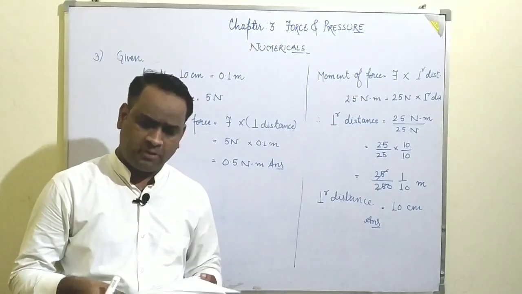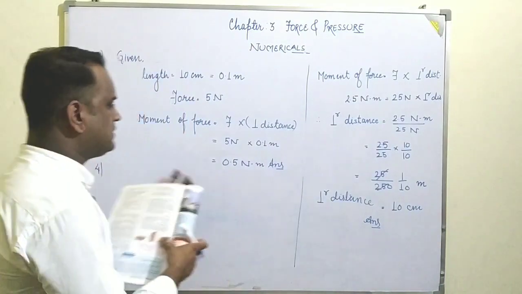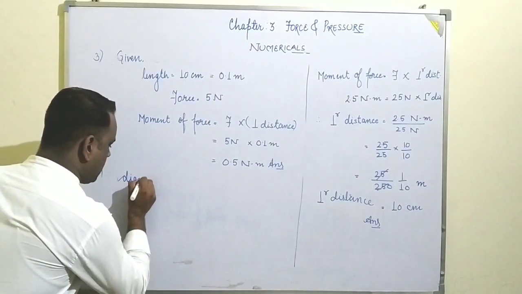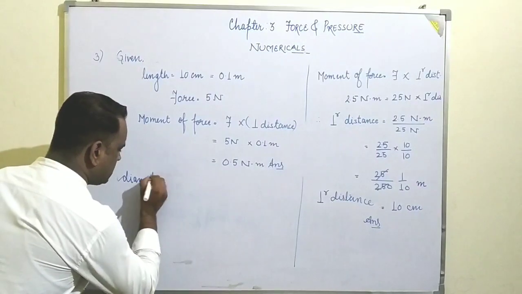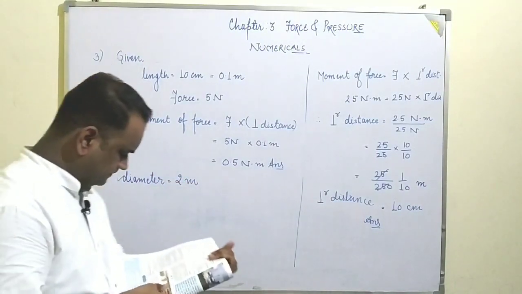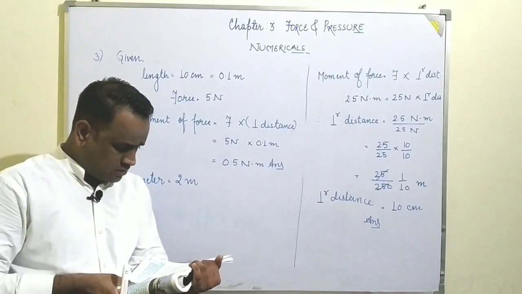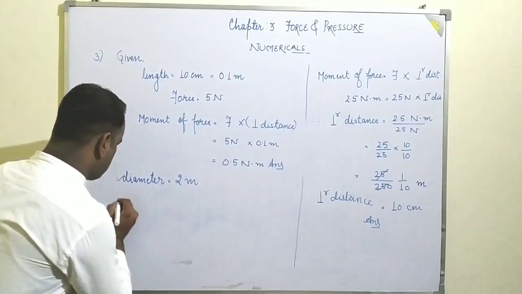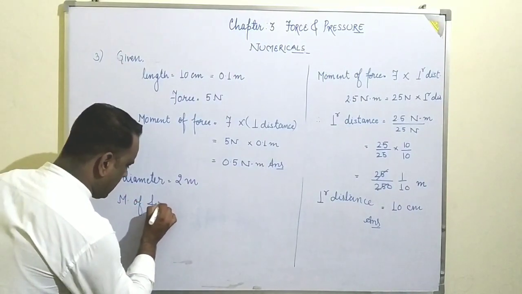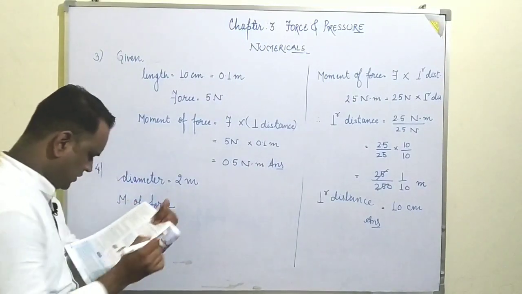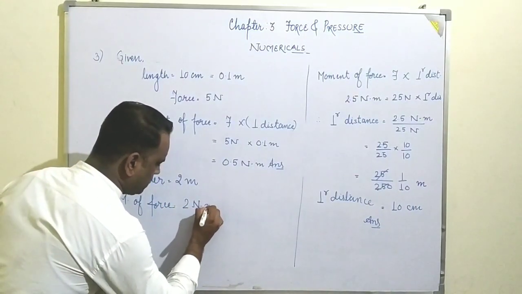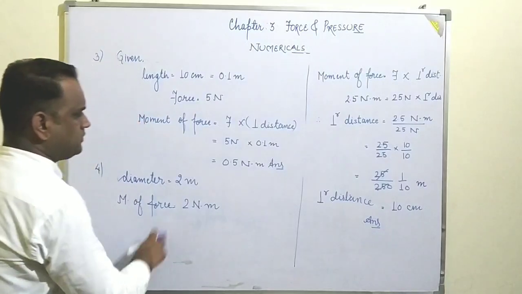In question number 4, the perpendicular distance, meaning the diameter of the wheel, is given as 2 meter, and the moment of force is given as 2.0 Newton meter. We have to calculate force.